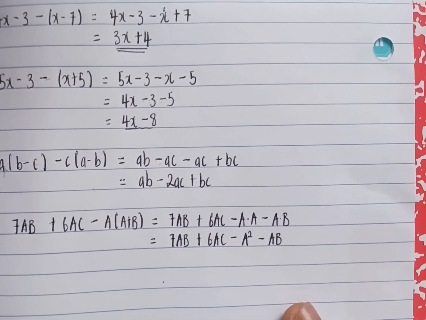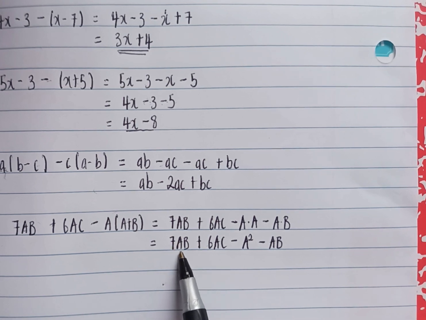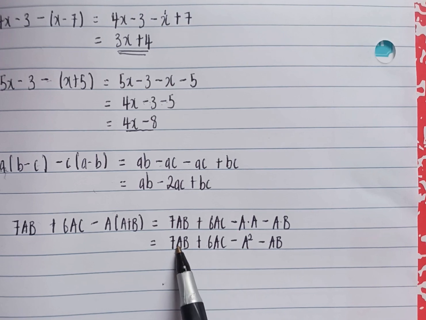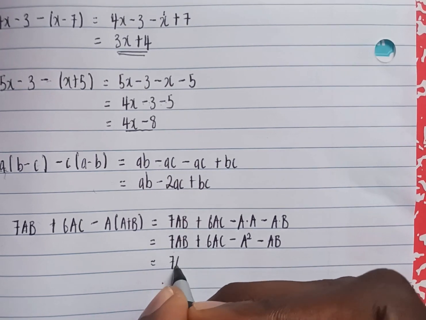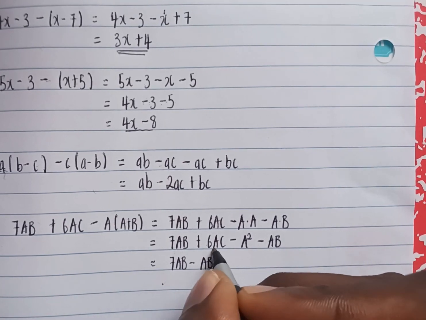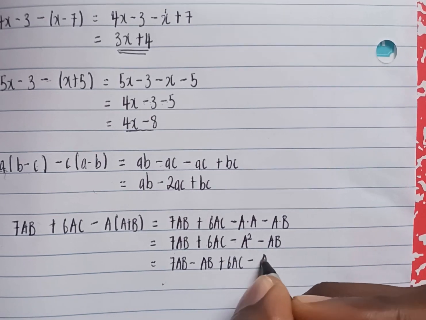Then here, let me try and evaluate. Let's see whether we have like terms. We notice that we have 7AB and AB, the same combination of letters, so this can be evaluated. Let me bring like terms together. So I have 7AB minus AB plus 6AC minus A squared.